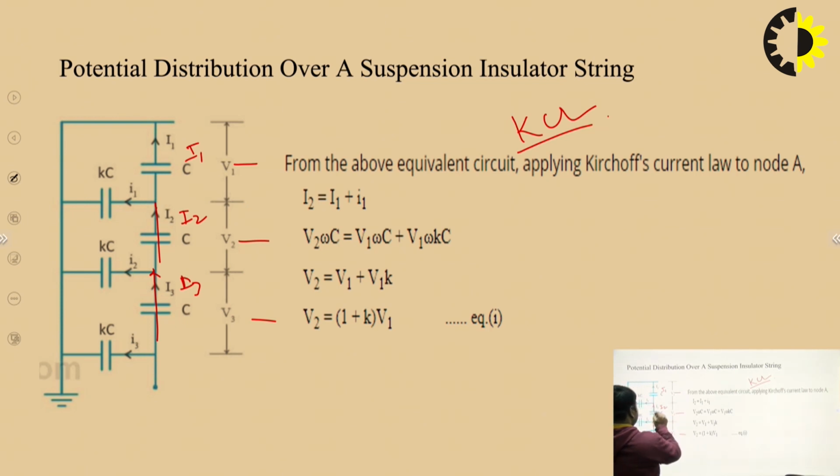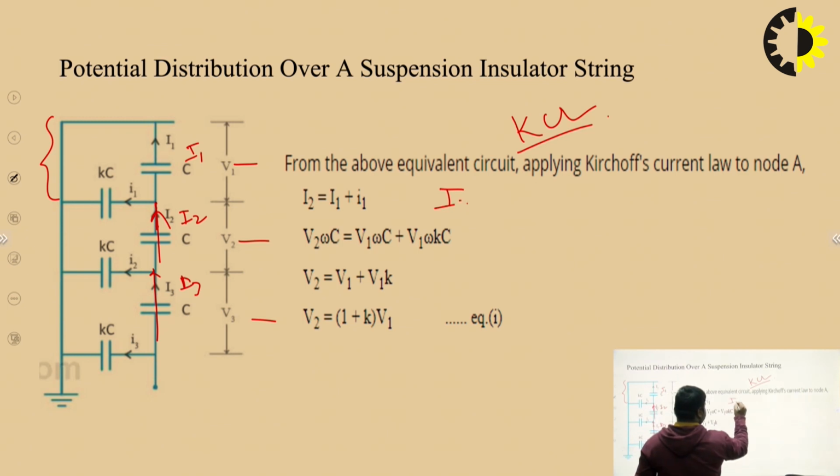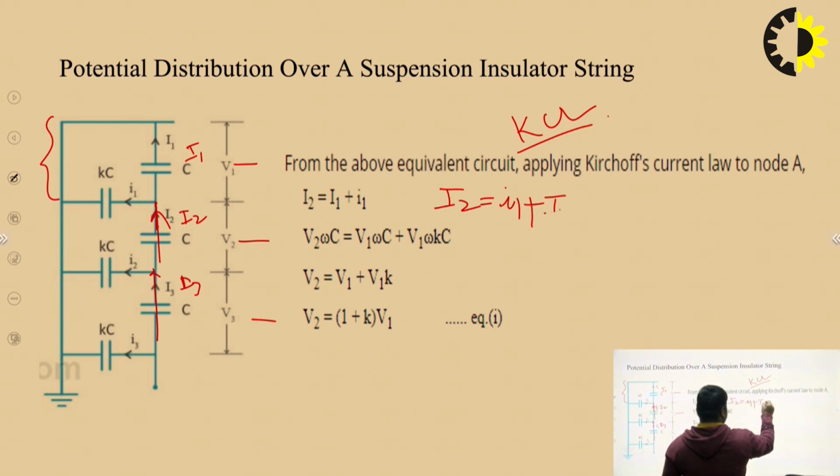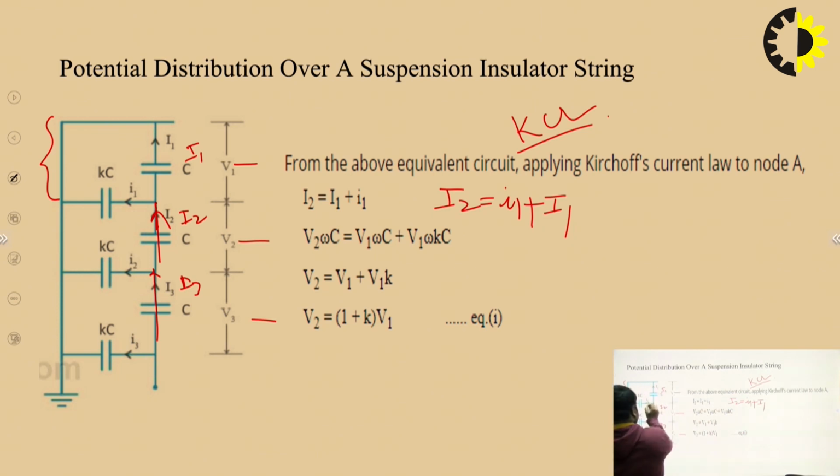First of all, I2, we will consider this point. I2 equal to I1 plus I1. So this is small I1 and this is capital I1.